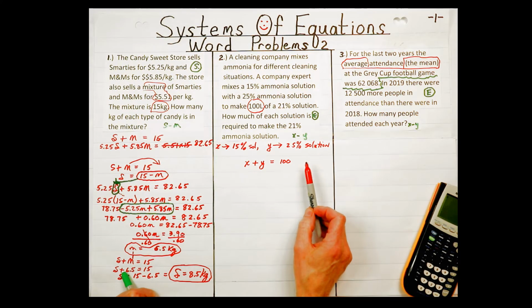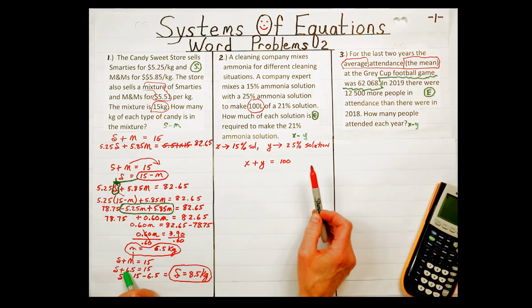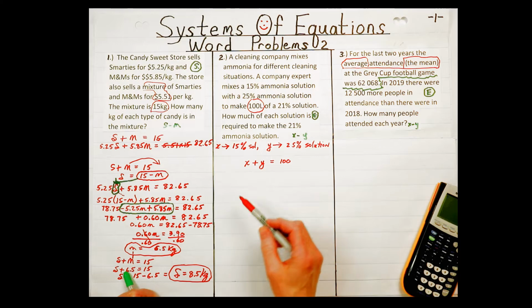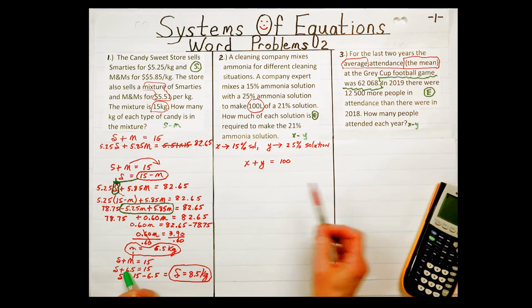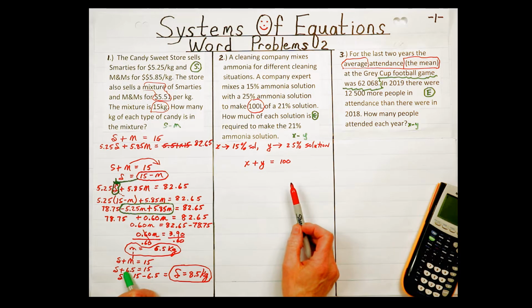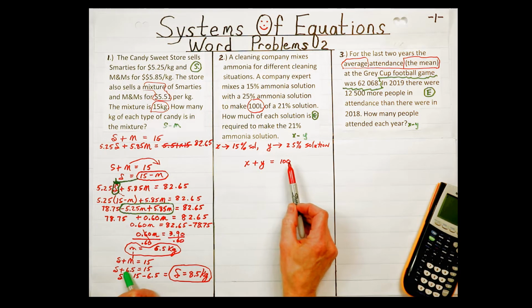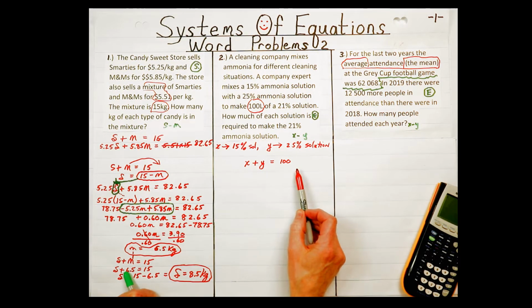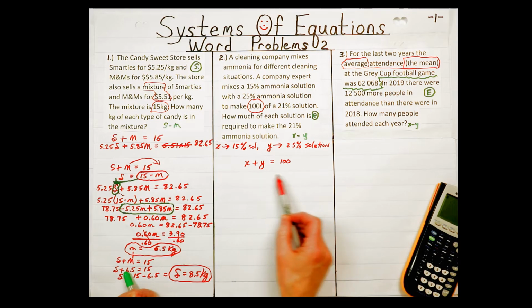The next equation has to do with the amount coming from each of the percentage solutions into the overall solution. So the next equation has to do with the amount of ammonia. First equation, total liters in the mixture. Second equation, total amount of ammonia.